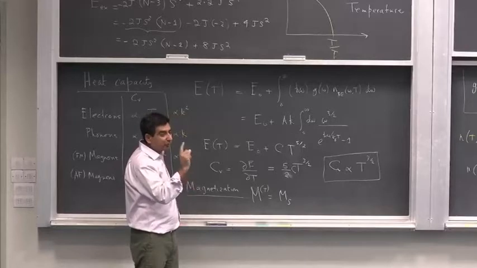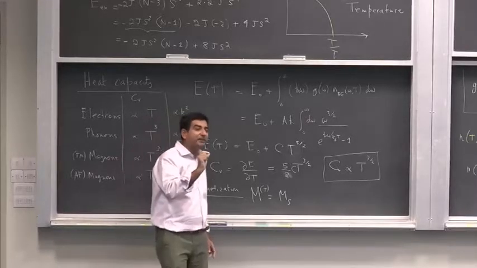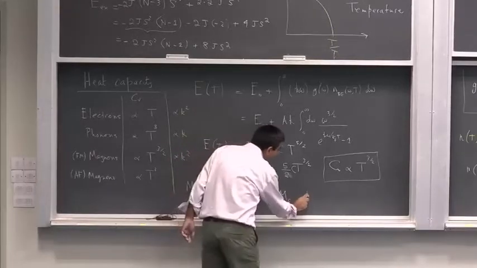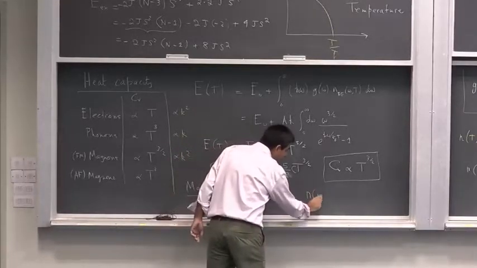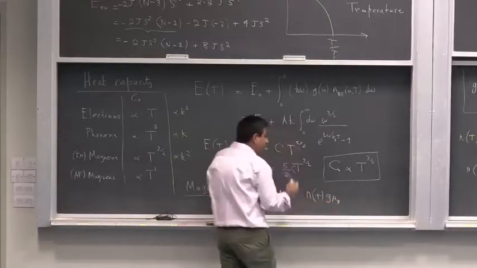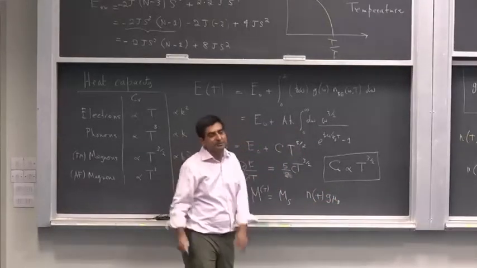Each angular momentum unit that is being taken out carries with it a magnetic moment of g mu_B. Now you're taking out n, which is a function of temperature, times g mu_B. This is the amount of magnetization that you're taking out from the system.